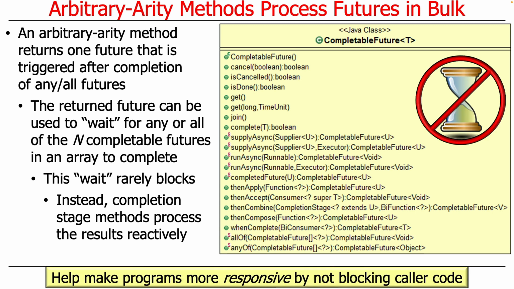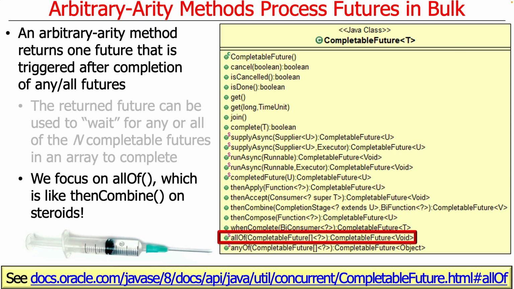OK. What does this set of methods do for us? This represents that reactive programming principle of responsiveness. And it makes the programs more responsive by simply not blocking the calling code, the thread that makes the call. We're going to focus on the allOf method for sort of obvious reasons, because it's the most common one. It's also the one you use in the assignment, which is kind of like thenCombine on steroids.